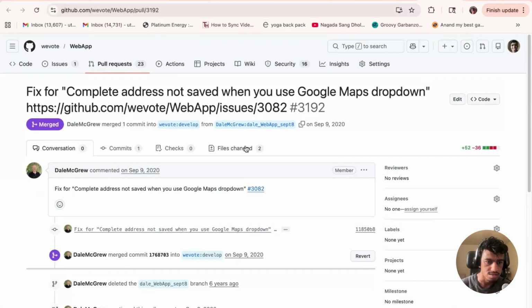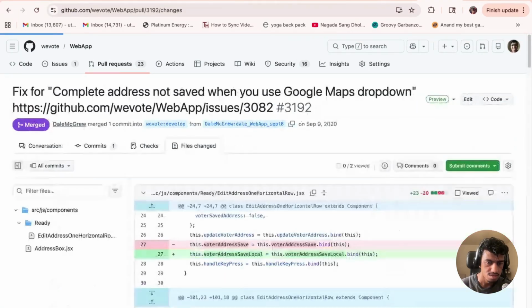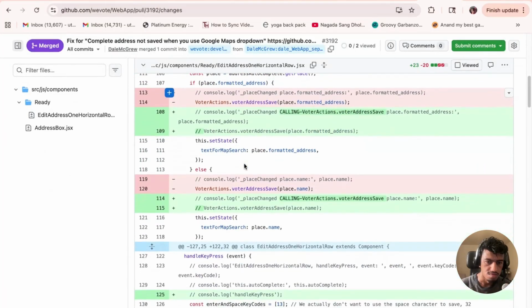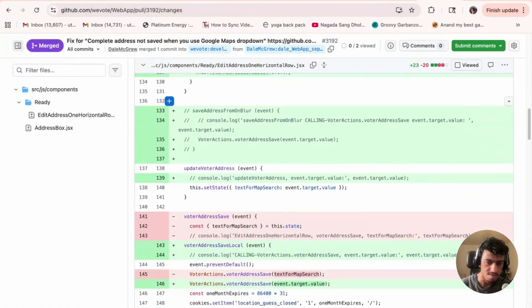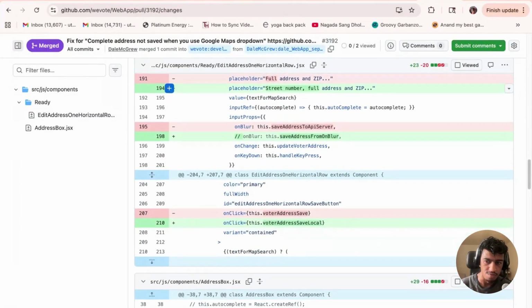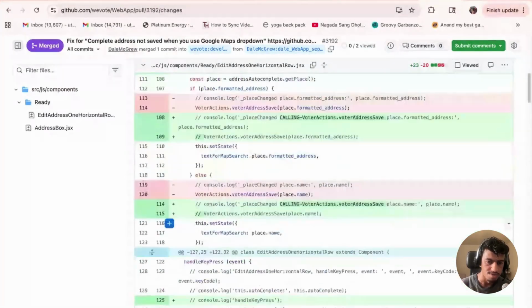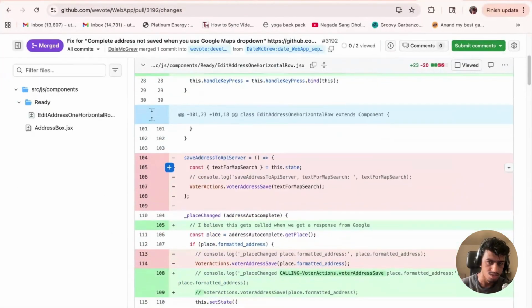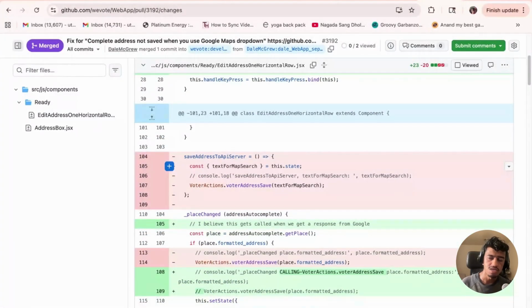This was his fix. More complicated than mine, right? Mine was a one-liner, but to do it properly, this is what it took. Interestingly, I asked him about it later, and I said, "How did you figure out that my solution wasn't good enough?"